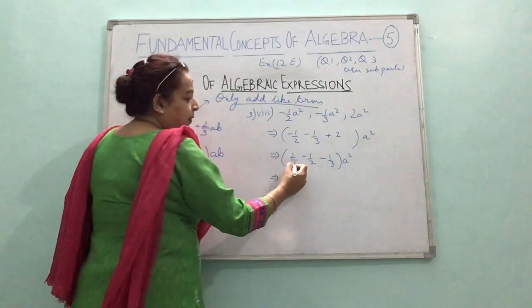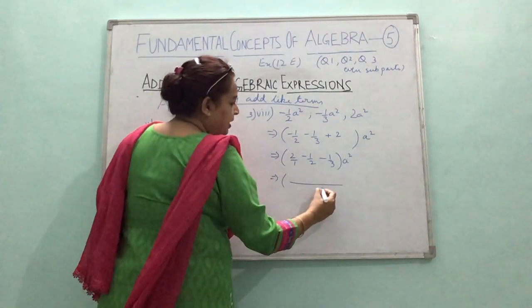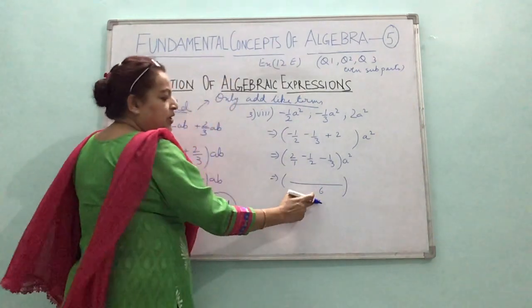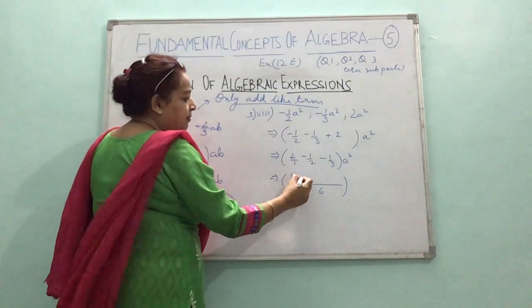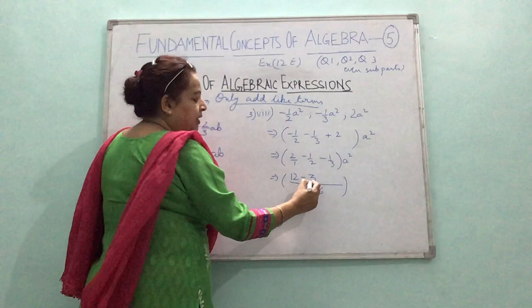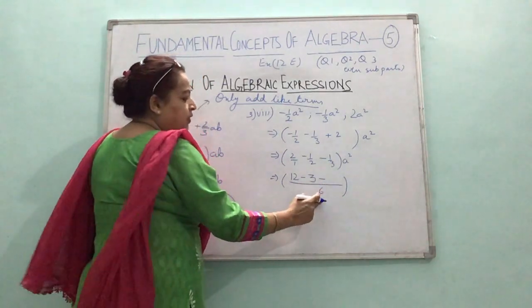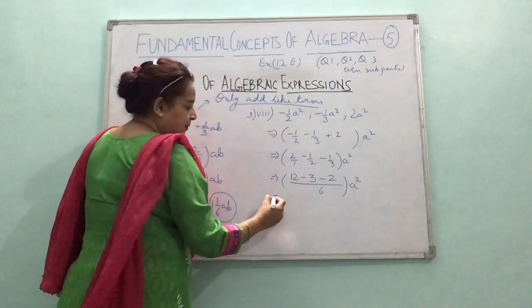Alright, I'll put upon 1 because LCM would be easier. What is the LCM of 2 and 3? 6. 1 goes how many times? 6 times. Or multiply 2 by 6, 12. Minus sign. 2 goes 3 times. Multiply numerator by 3. Minus sign. 3 goes 2 times. 2. Copy a square as such.